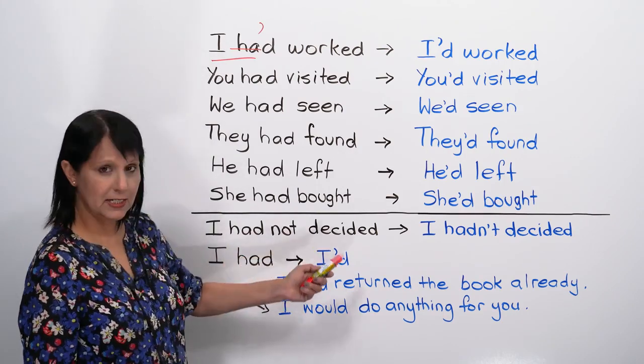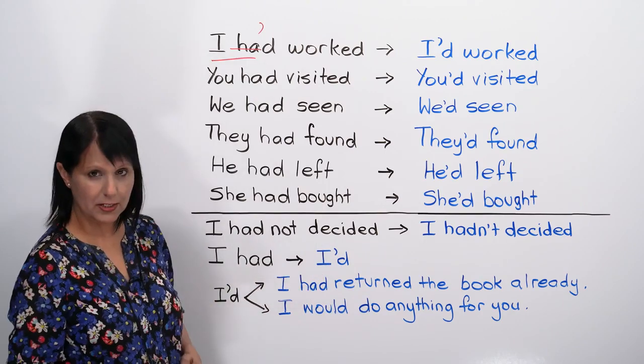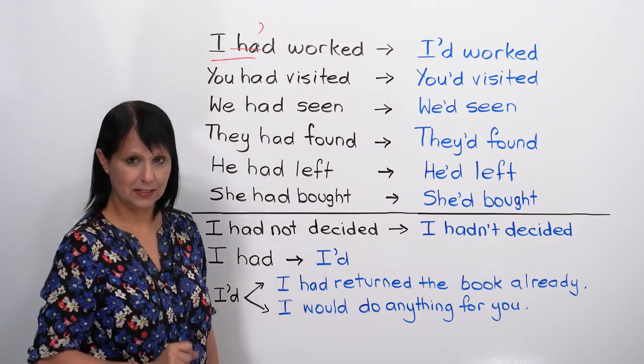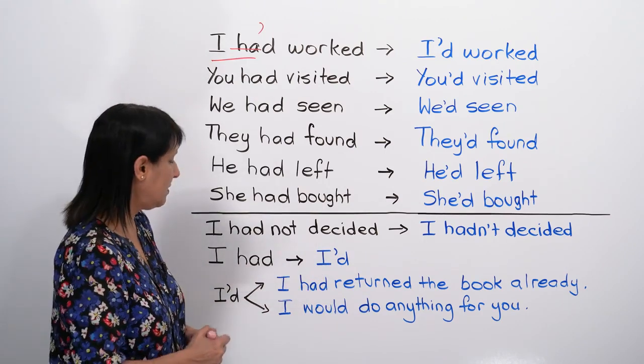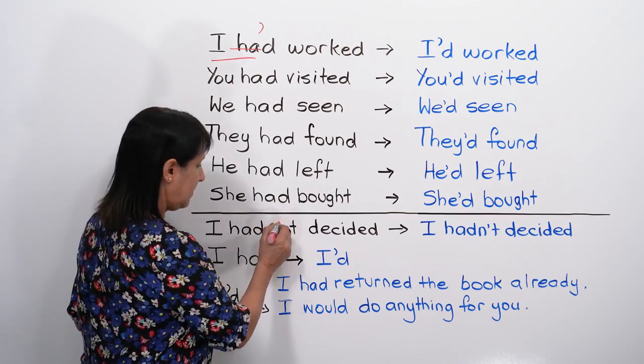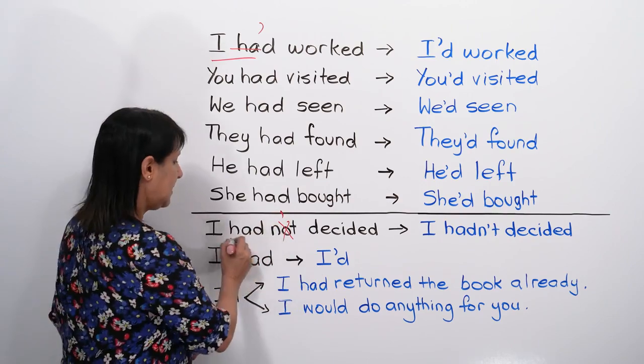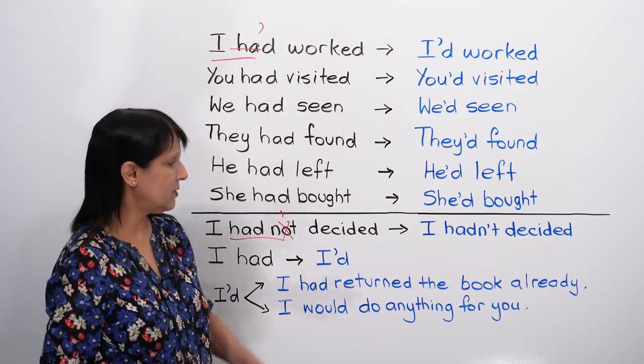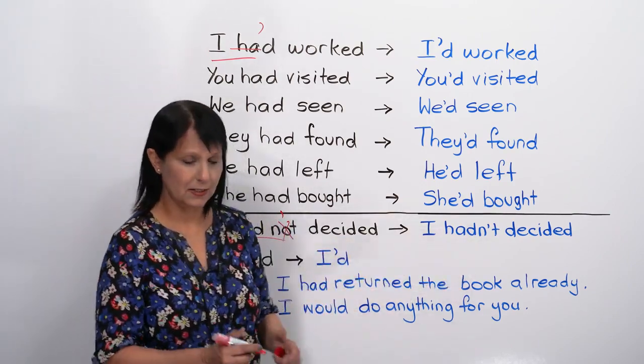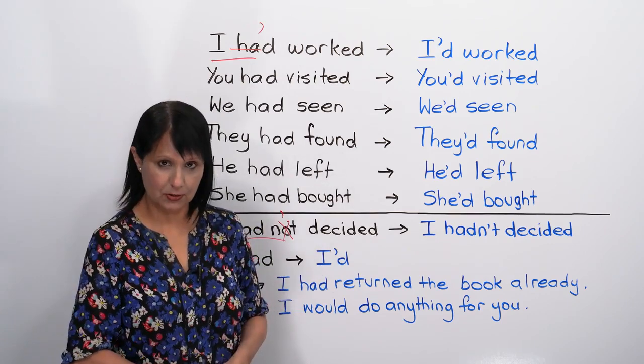I had not decided becomes what? I hadn't decided. So here, again, the O disappeared, the apostrophe came in its place, and these two words joined together to become hadn't. So let's say all of these together.